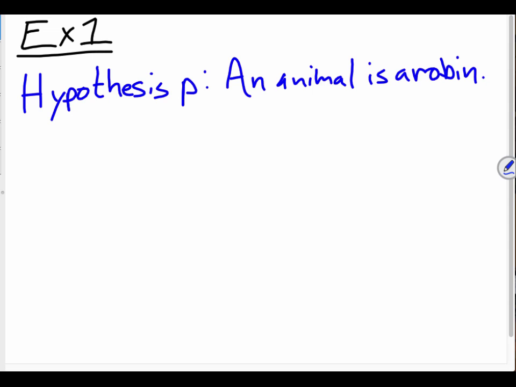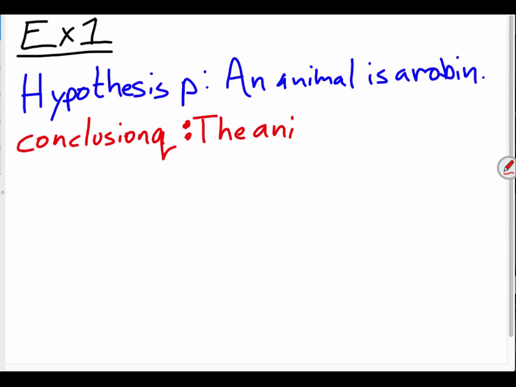That's just a statement, all right? So P and Q are always statements. And then for Q, our conclusion: the animal is a bird.